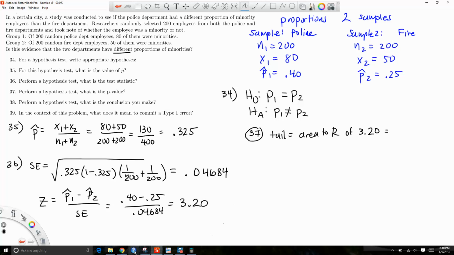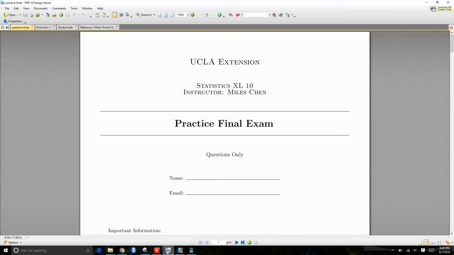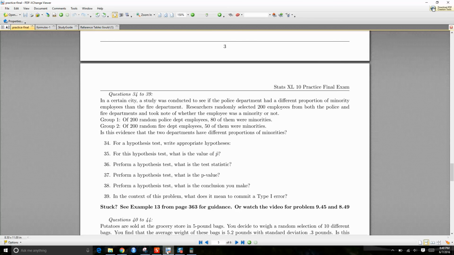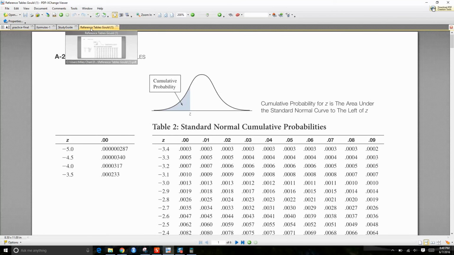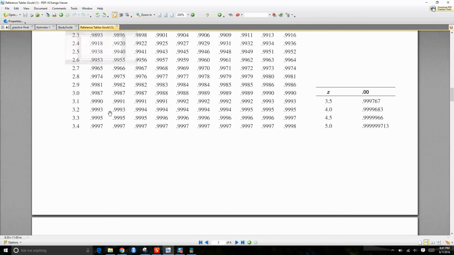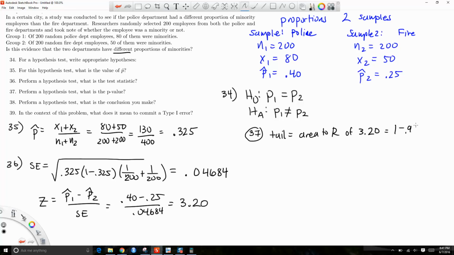So the area to the right of 3.20 is 1 minus 0.9993, which is 0.0007. And so my p-value is 2 times that, which is 0.0014.